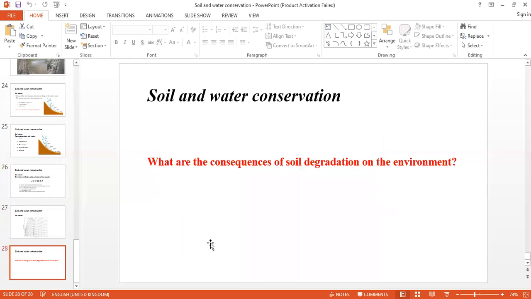So now that we have looked at these three forms of degradation, compaction, crusting, and soil erosion, the question now will be, what are the consequences on the environment? Obviously, when we're talking of compaction, the soil air capacity and water capacity is lost, so it will be difficult for us to grow crops because crops need water and air.